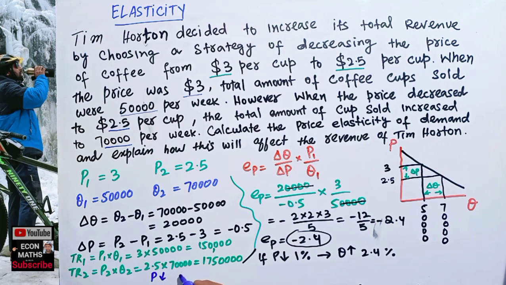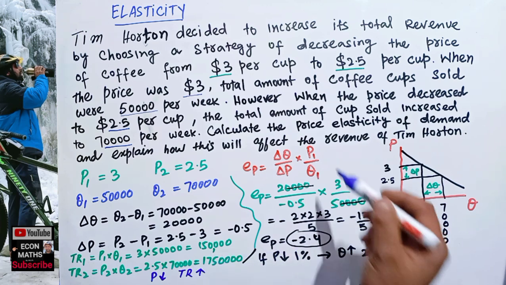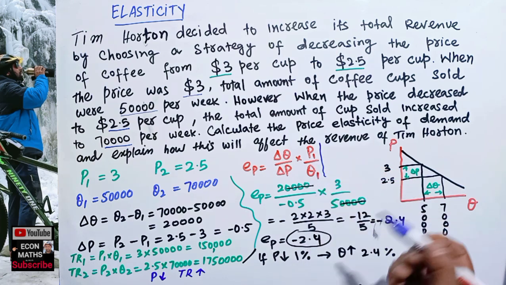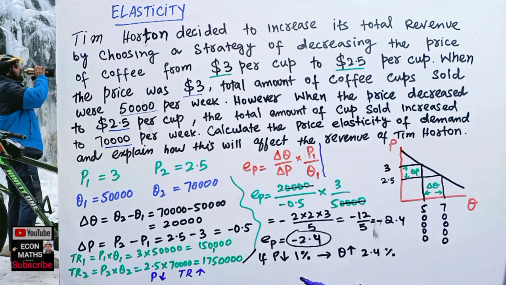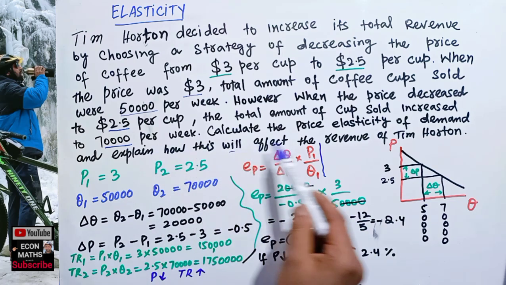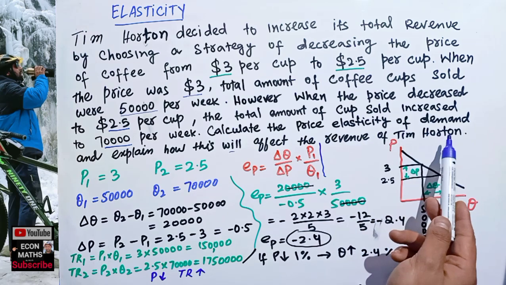We have seen that when price decreases, total revenue increases in this case. And we can also calculate the change in the total revenue here. I don't have the space, but I hope you can do it, to see how this affects the revenue of Tim Horton.